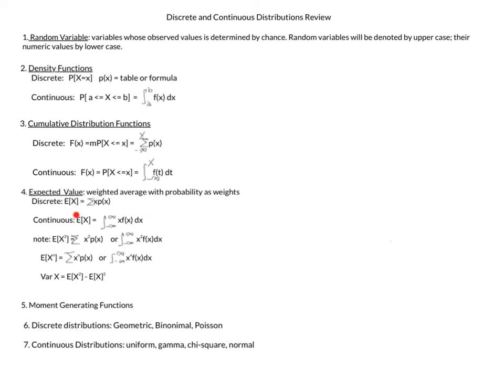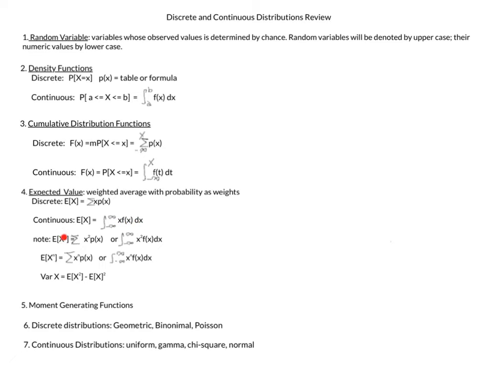So the expected value is the sum of all possible values random variable x can take times the probability that x takes that value. And so this is our expected value for discrete random variables, and for continuous, it's totally analogous. Instead of summing, we integrate, and then we just integrate x times the probability that x takes that value.